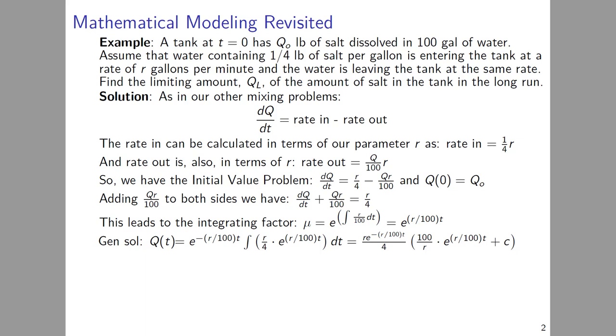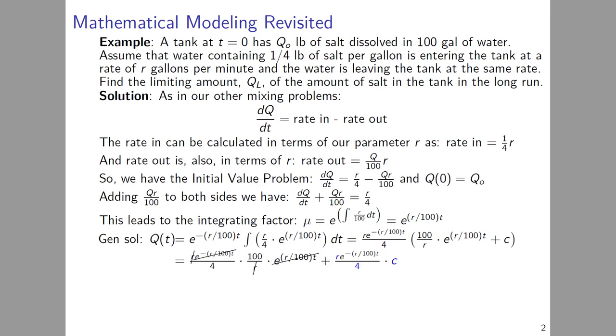Distributing r e to the negative r over 100 t over 4 into the parentheses, we'll have r times e to the negative r over 100 t over 4 times 100 over r times e to the r over 100 t plus r e to the negative r over 100 t over 4 times c.